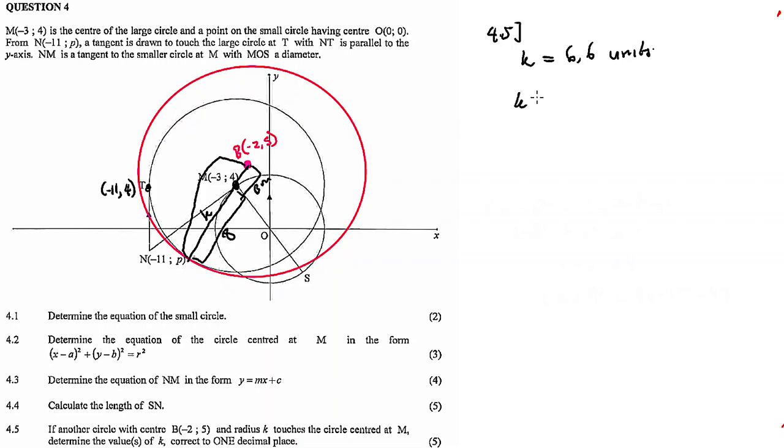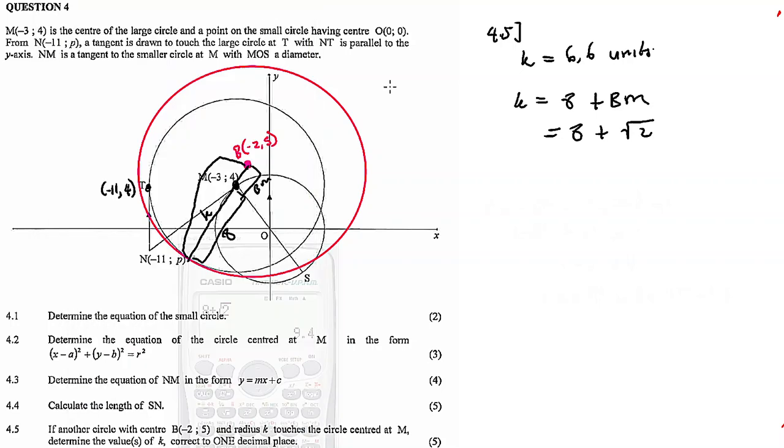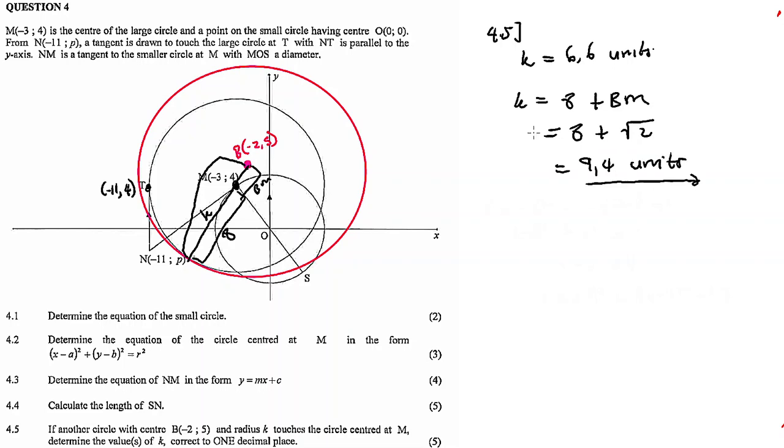So therefore K is equal to bani 8 plus BM. 8 plus square root 2, BM start calculate. So lana it's plus la, plus equal to is 9.4 units. So nababu K bethu ke K it's 9.4, the other one obano 6.6.